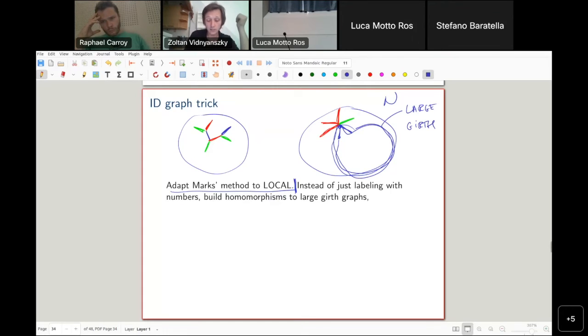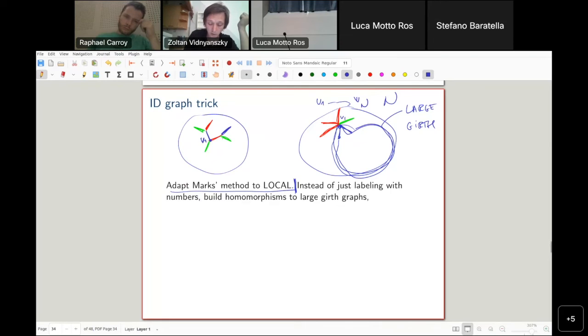And the idea of this ID graph trick is the following: instead of labeling just with IDs, what we do is imagine that these IDs form this graph. So V_n, and we label with vertices of this graph. Maybe this is V1, and with an extra condition that we have to build a homomorphism which also preserves the edge colors.